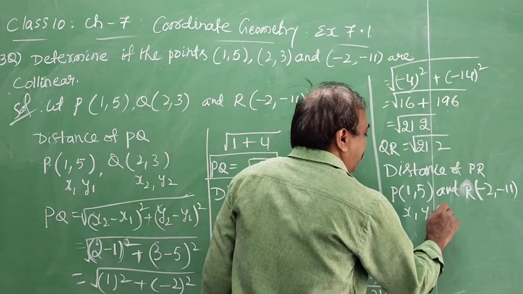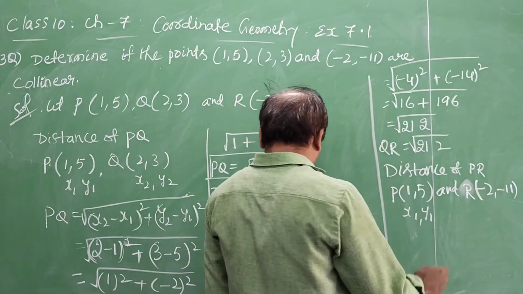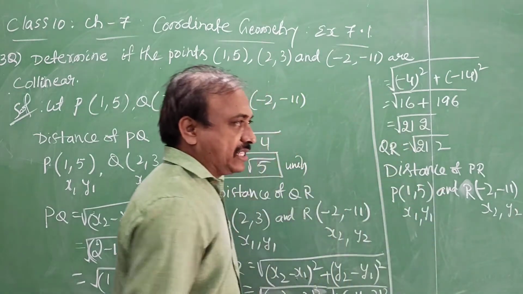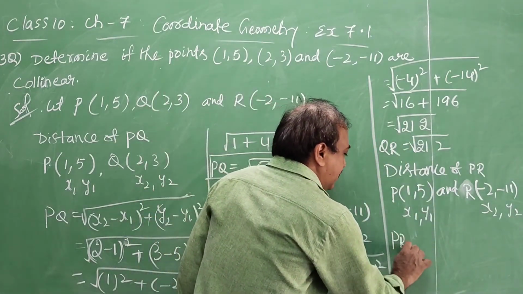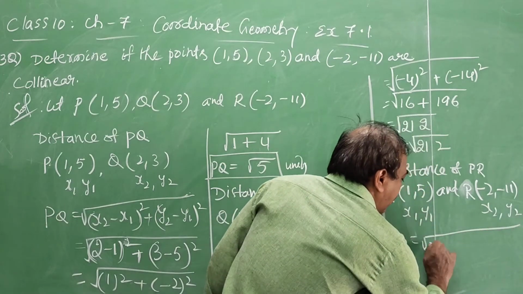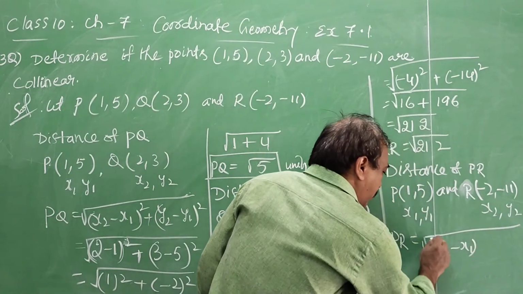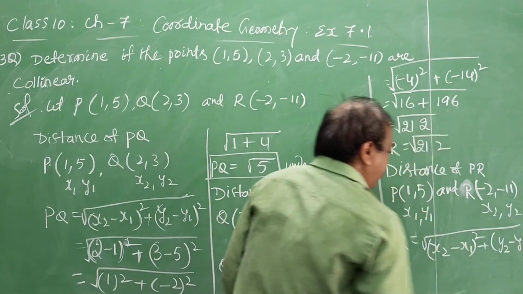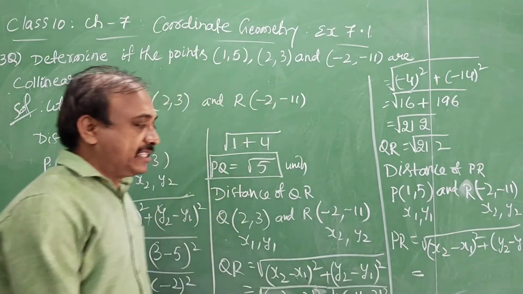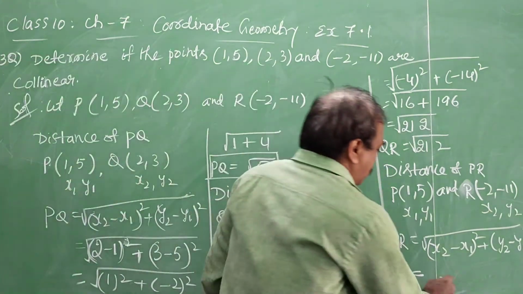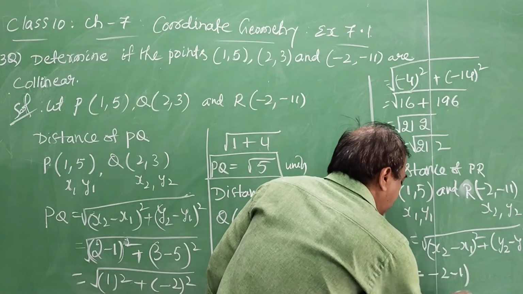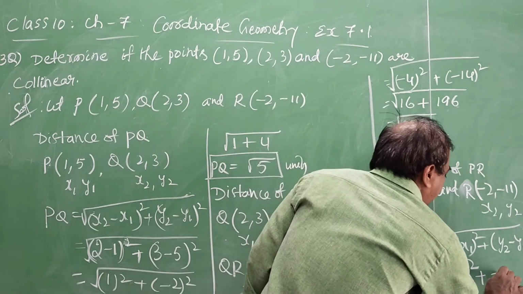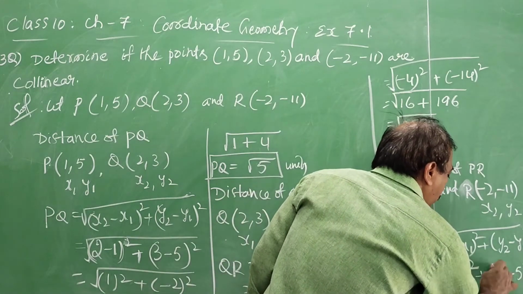PR equals root of (x2 minus x1) whole square plus (y2 minus y1) whole square. Applying the coordinates: (minus 2 minus 1) whole square plus (minus 11 minus 5) whole square.